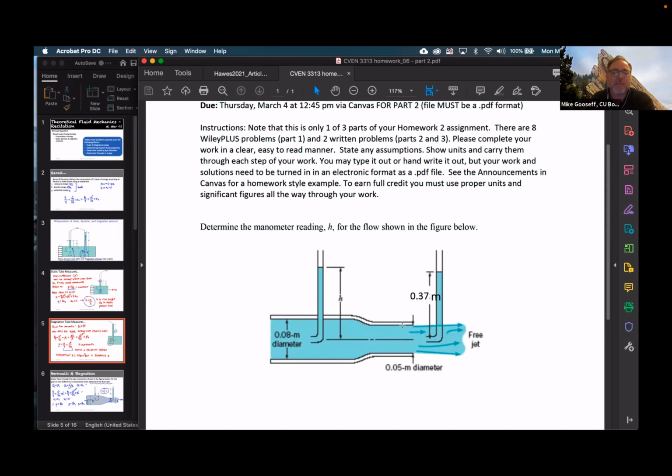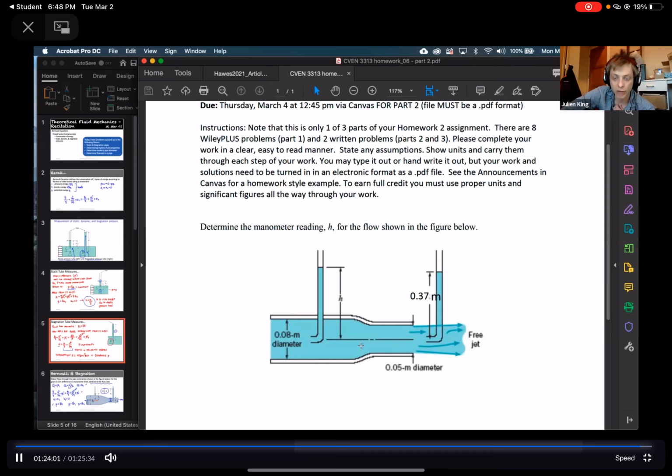Does that make sense? Right, but ideally we'd be subtracting that out of the full diameter. But even if we say it's so small that it doesn't matter, we're still looking at a divergent free jet. Yeah, so we're ignoring the loss.